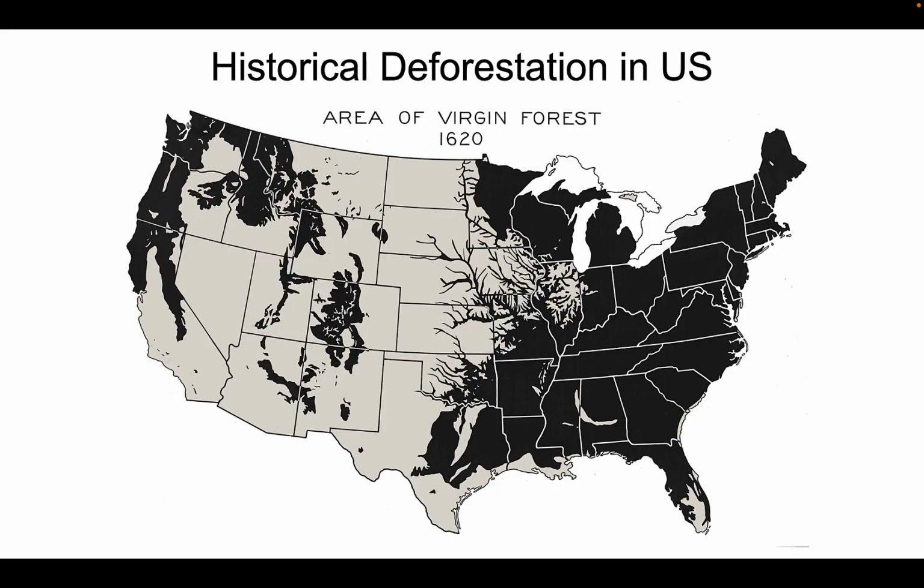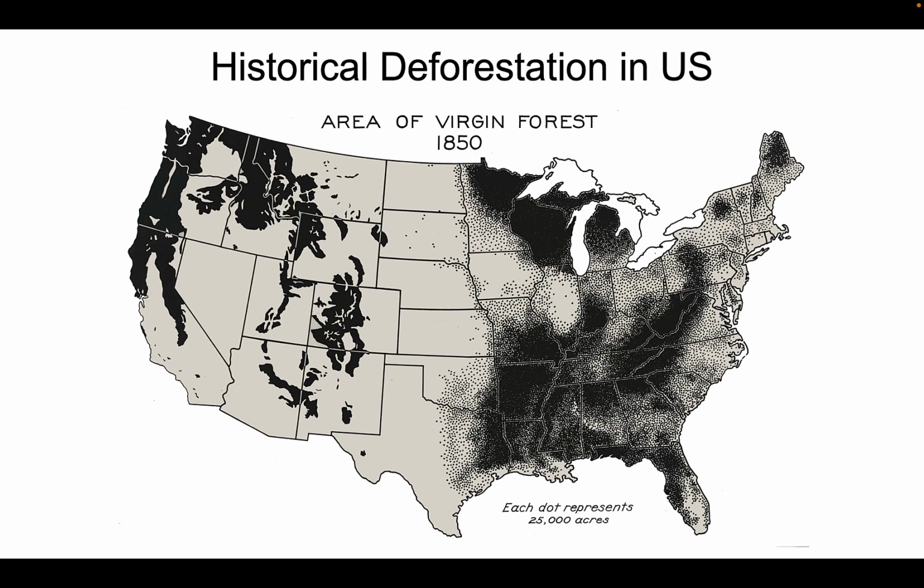If we look at North America and its forest cover, we see that in 1620, before European conquest really overtook North America, most of the eastern part of North America was forest cover. If we jump forward to 1850, we can see that a lot of this forest had been cut down, and only in the very east coast did small patches of forest remain, and even this deforestation had started to reach Michigan.